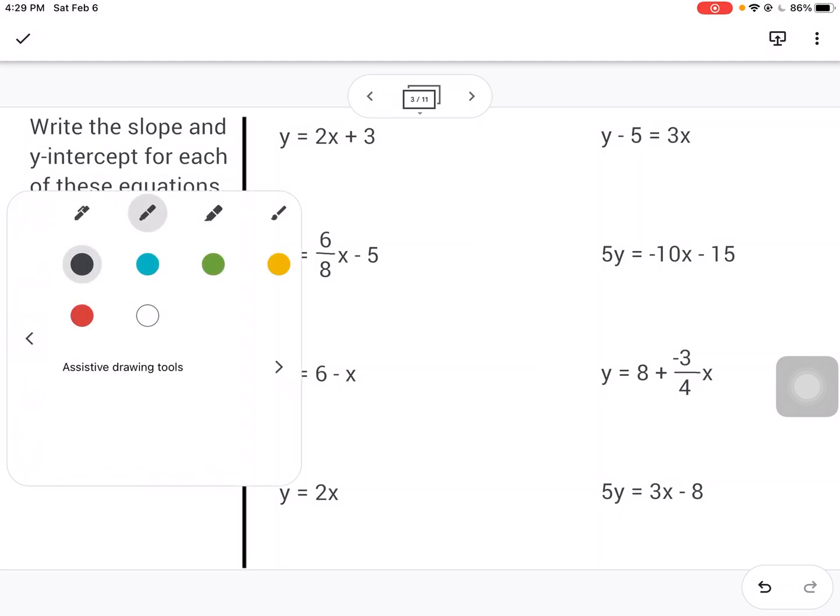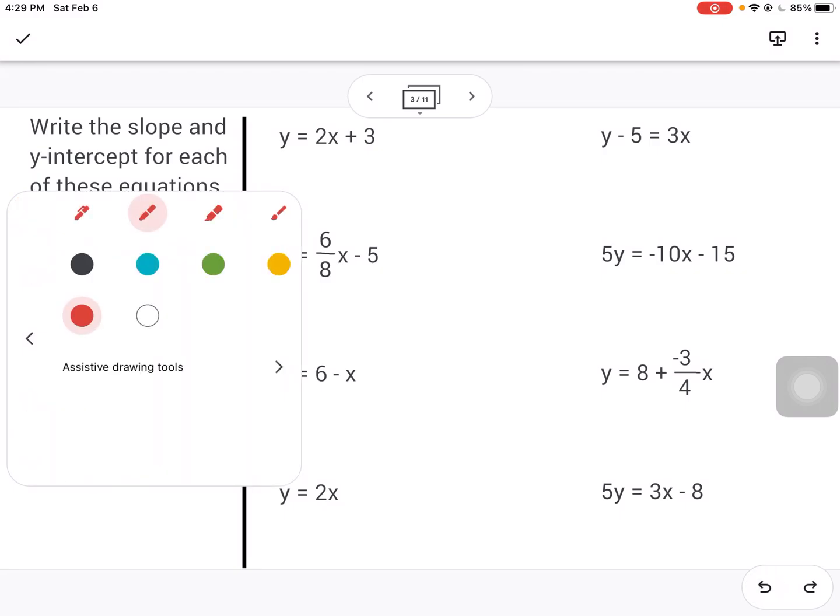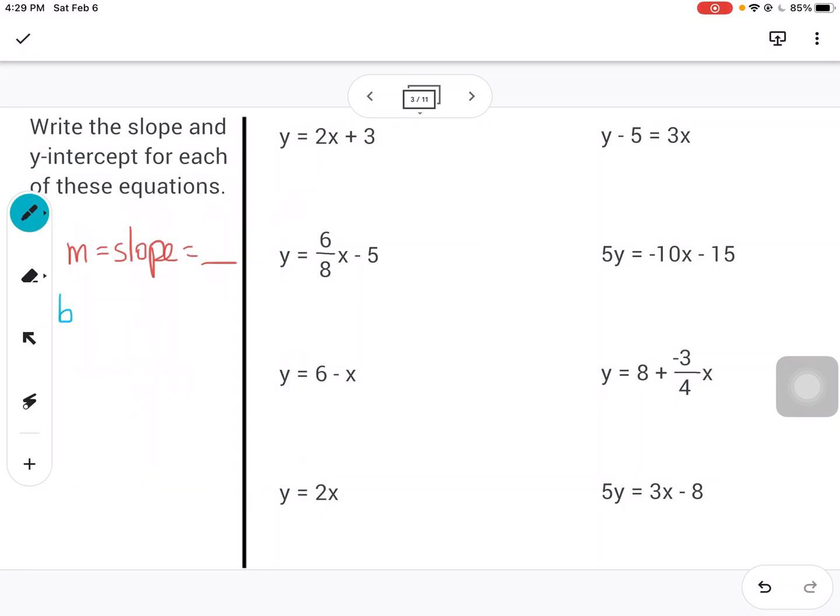So you're looking for your slope, which is m, and you're looking for your b, which is your y-intercept. So go ahead and pause the video, write these problems down, and try to figure out the slope and y-intercept for each problem.